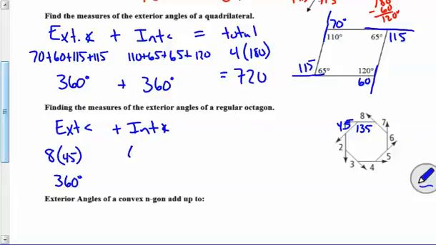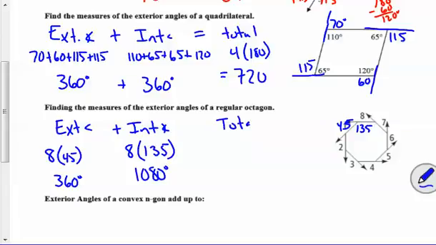So my interior angles, I have 8 angles that measure 135. So if I was to multiply those together, I would get a total of 1,080 degrees.